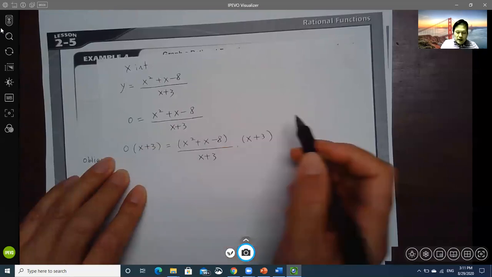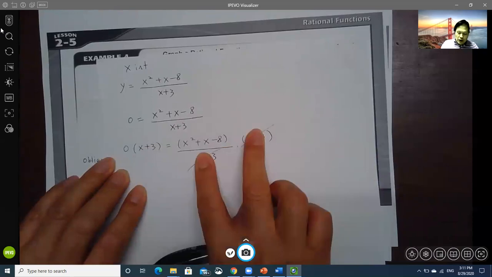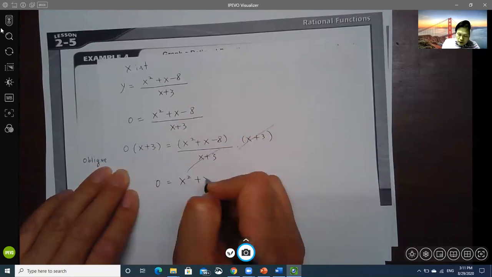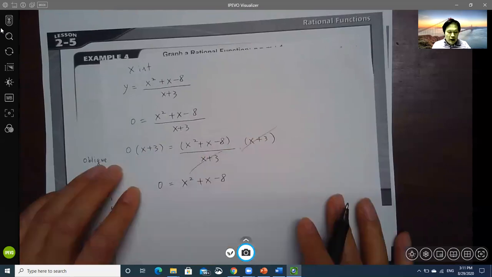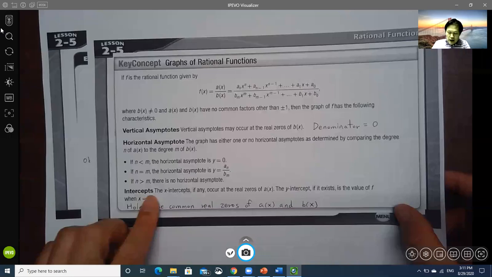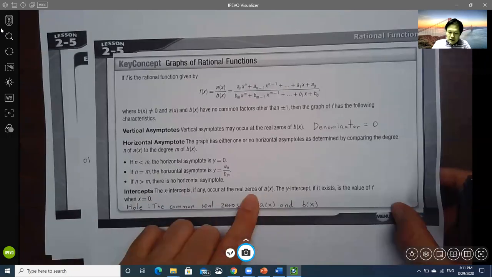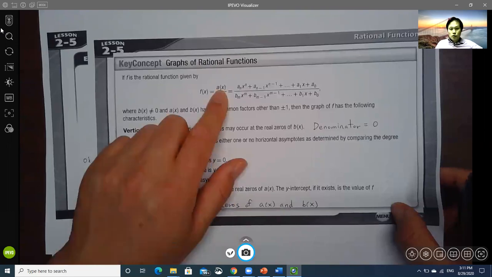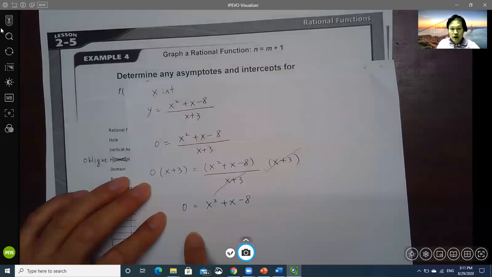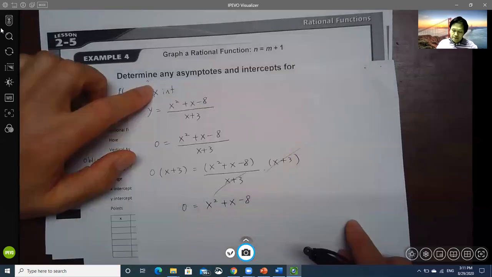When you cancel things out, this appears: 0 times whatever is 0. So if you do remember the x-intercept shortcut, which is to find the zeros of the numerator, let the numerator equal 0, then you can skip all this process when you find the x-intercept.